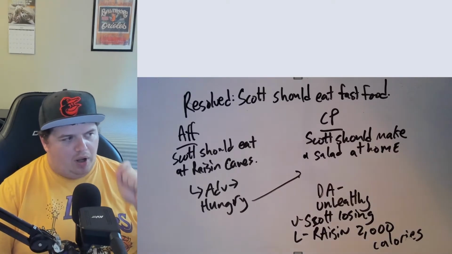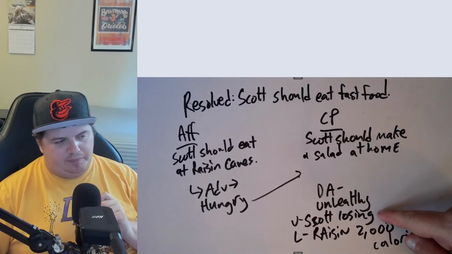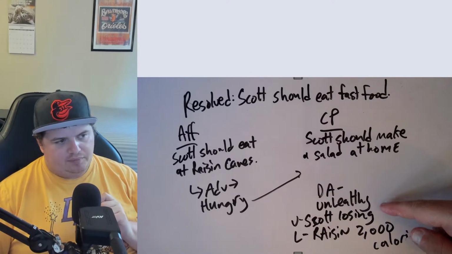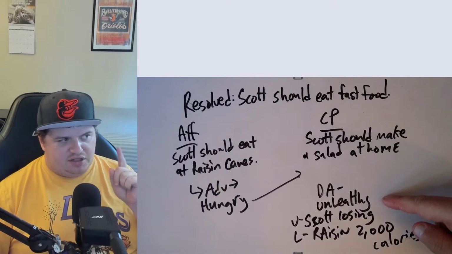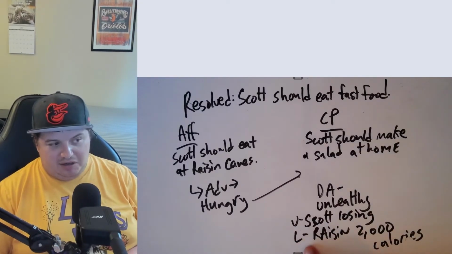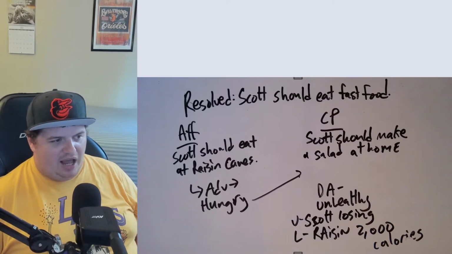The number one way to prove that a counterplan is competitive is what? Permutation? It's that permutation what? The link? It links to the DA, right?